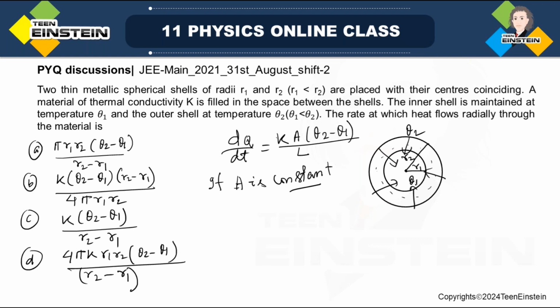So area is not constant. If I go from out to in, the area is greater outside and less inside, isn't it? So for this, instead of taking the whole area as constant, we have to take an elemental area.